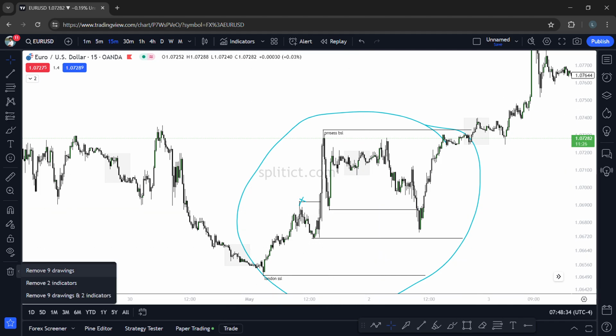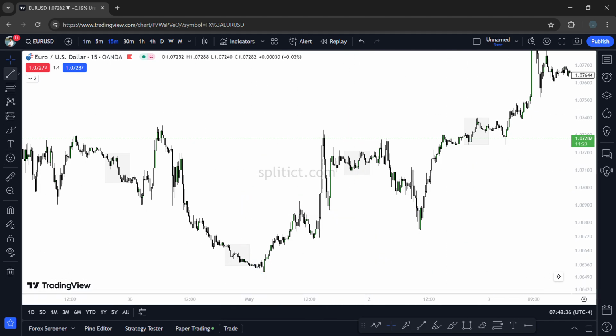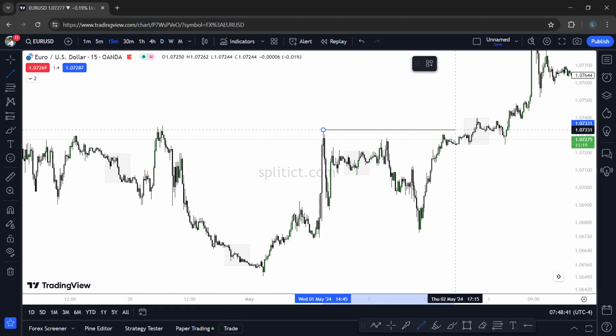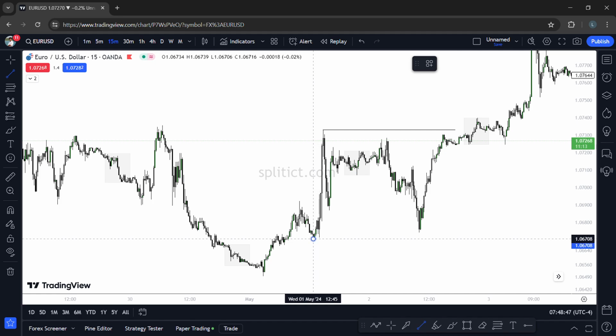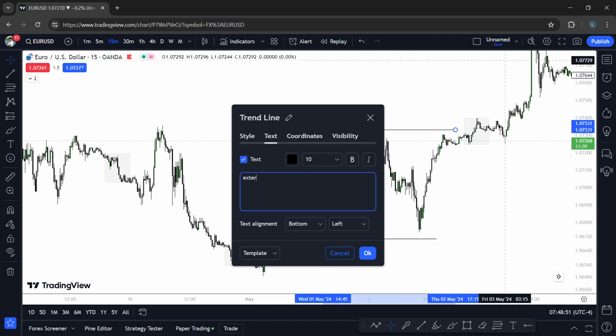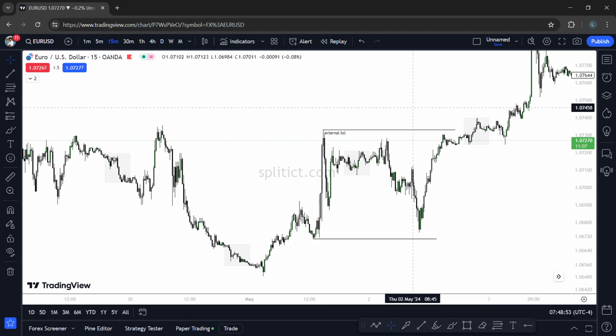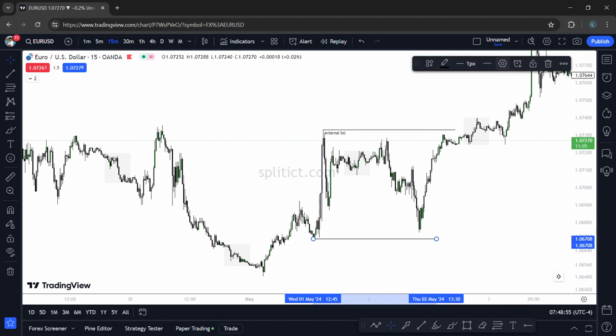If I delete all the things, I personally will mark this as the external because it is the highest high during that particular swing. And this is the external sell side. Okay, this is the external buy side, BSL. All right. And this right here is the external sell side.